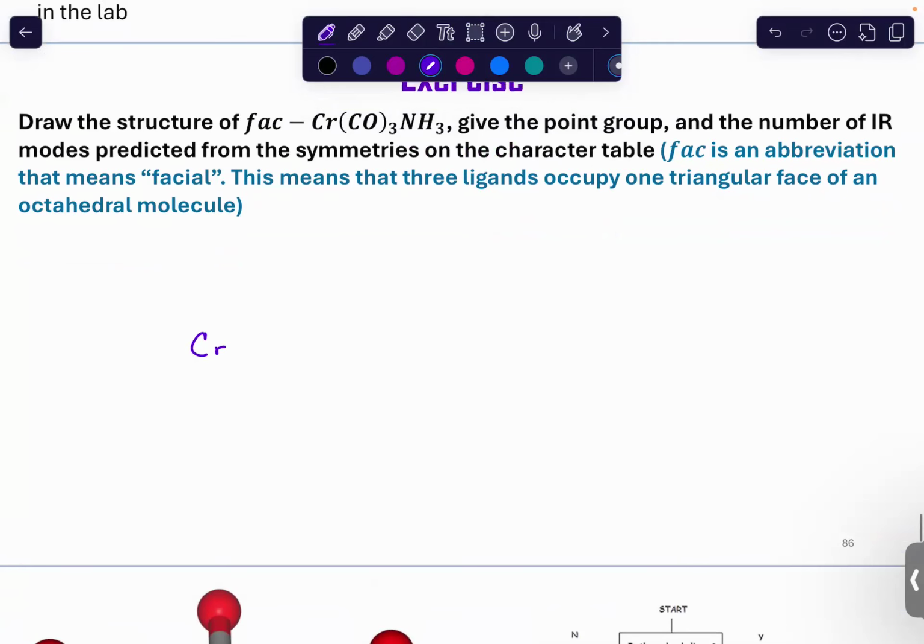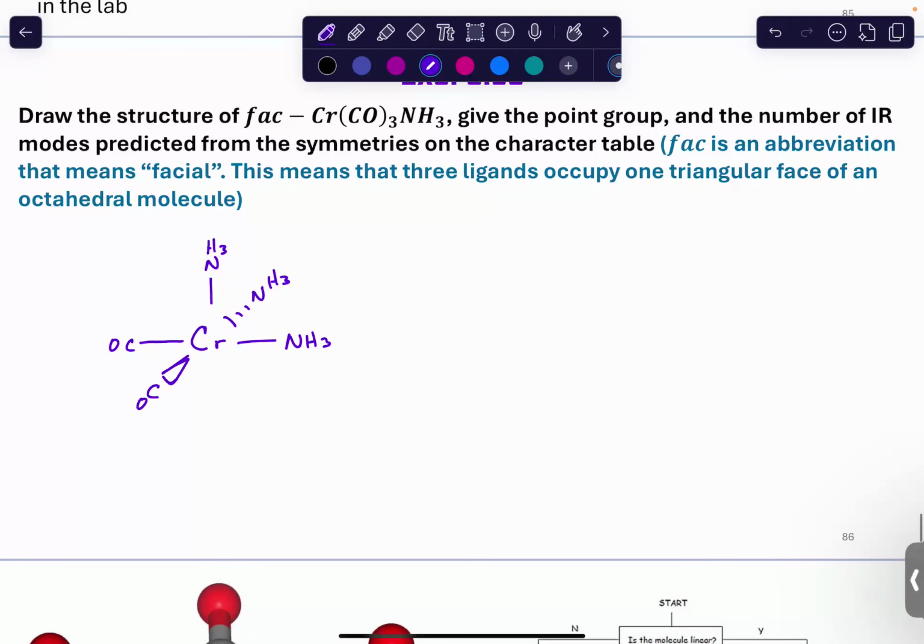Yes. Okay. So the way I drew it is, we'll say, put chromium there. This is going to be an octahedral, but up here we have an amine group, and then back there, carbonyl, carbonyl. Oh, I drew double bonds.